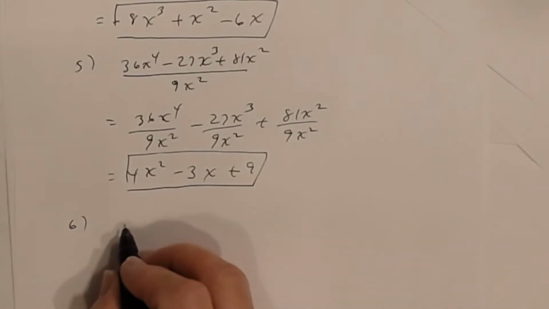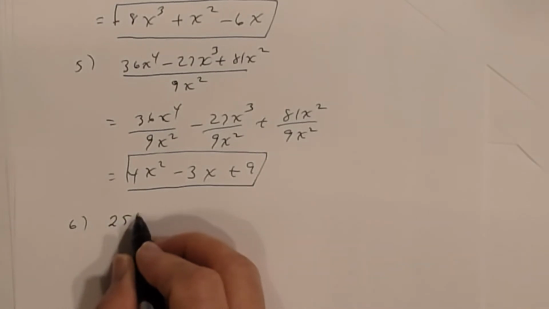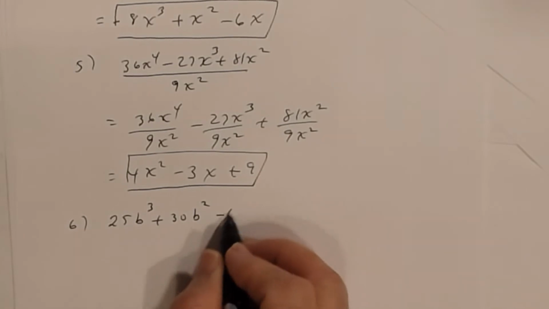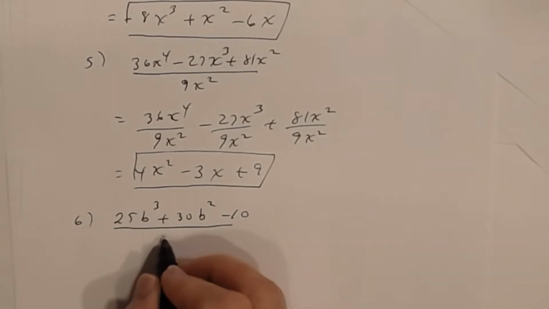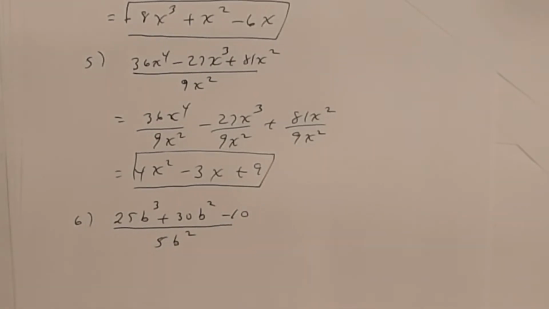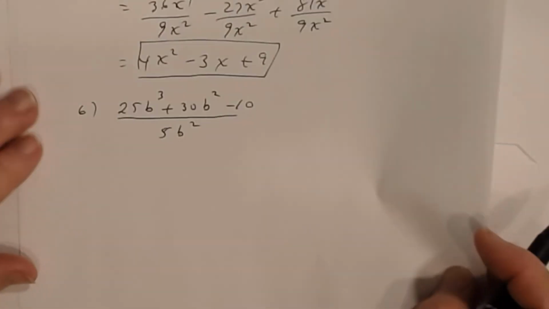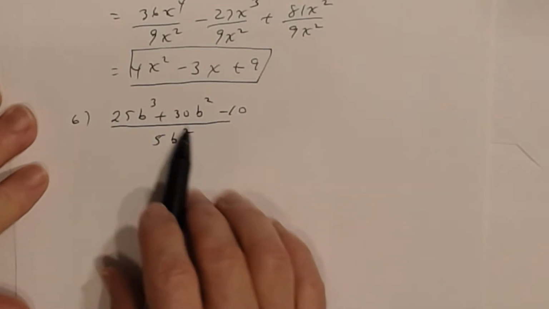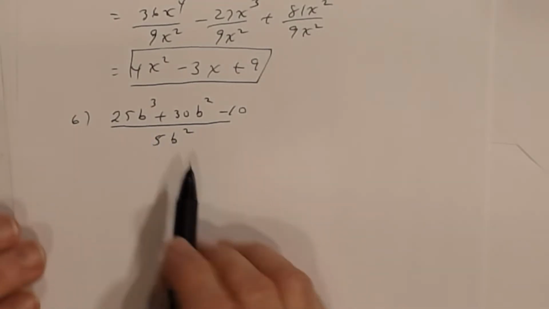Let's see number 6. Number 6, we have 25b cubed plus 30b squared minus 10 divided by 5b squared. Okay. Now, so again, same process. You have a polynomial being divided by a monomial.